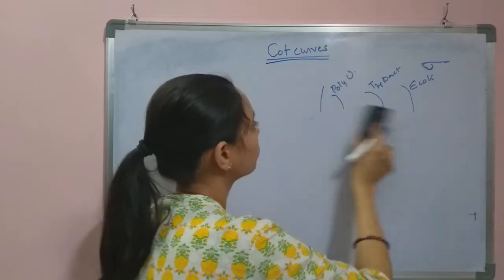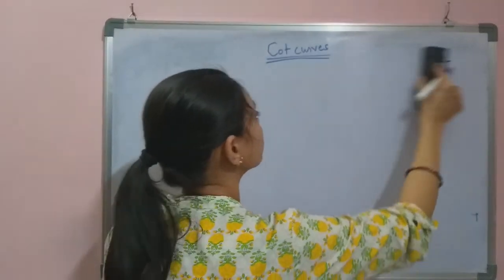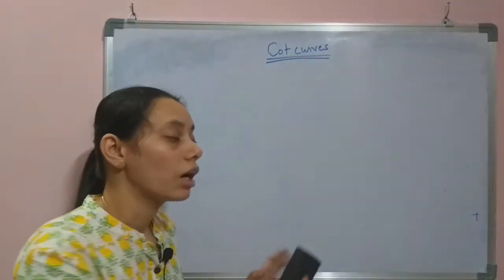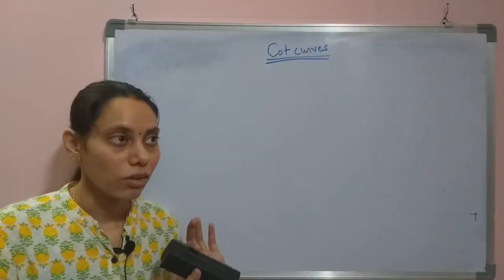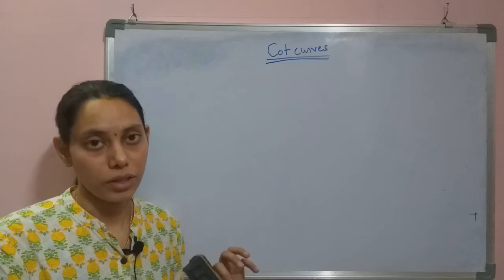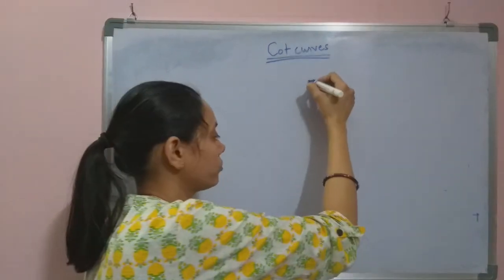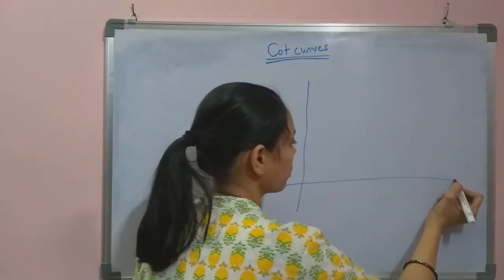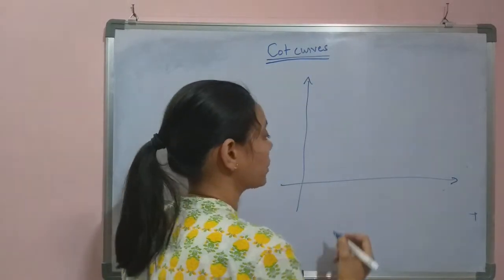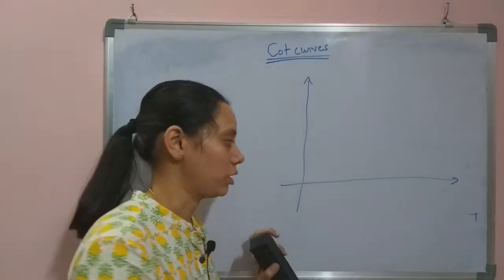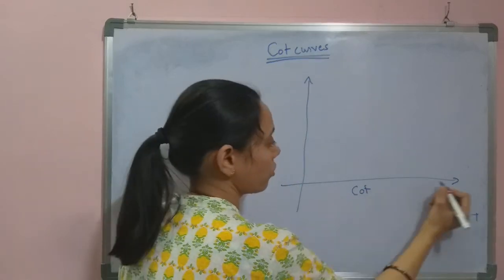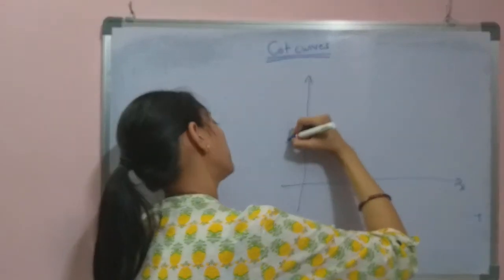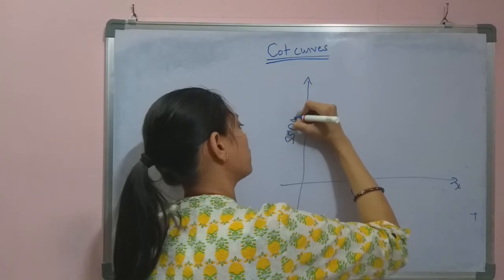So if you consider a higher eukaryote like human being, the cot curve is not a simple sigmoid curve. If you take cot curves of a complex organism like human being, you take the cot values on the x-axis, and on the y-axis the single-stranded DNA content.